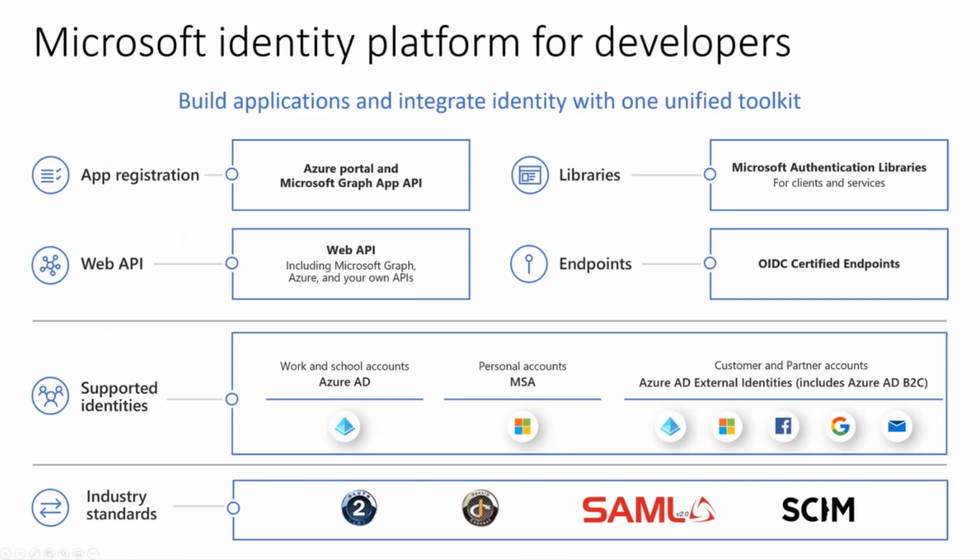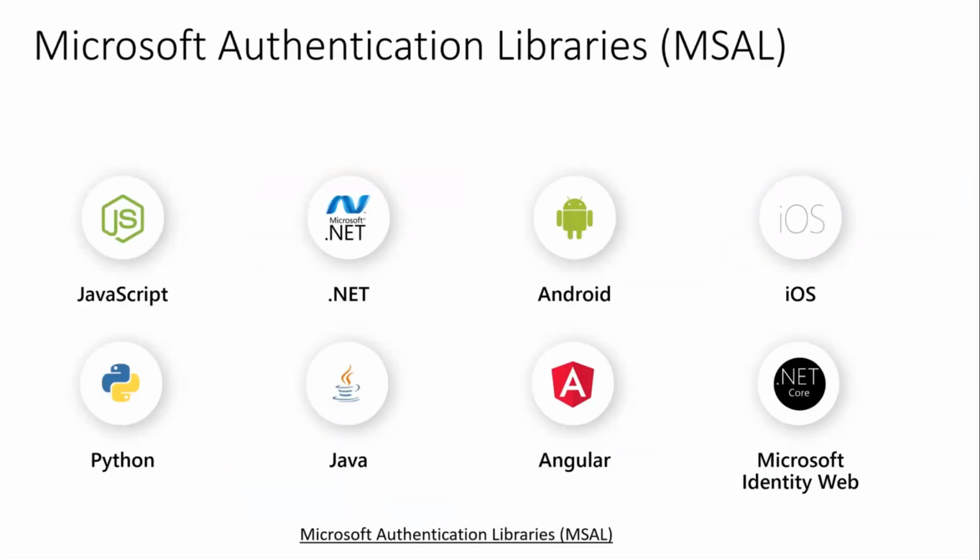And the whole platform is built on open protocols, nothing proprietary, which allows us to innovate faster and make sure that you do not end up getting locked in to any particular identity provider. Having said that, I'm just going to cover the Microsoft Authentication Library in a little bit more detail.